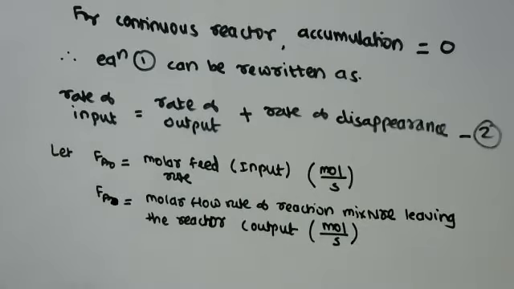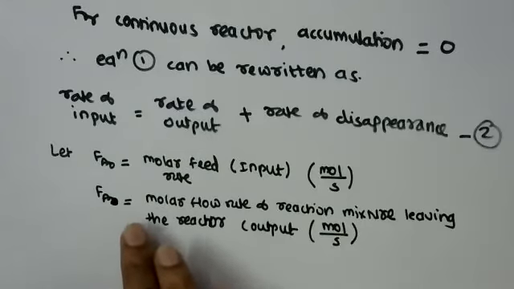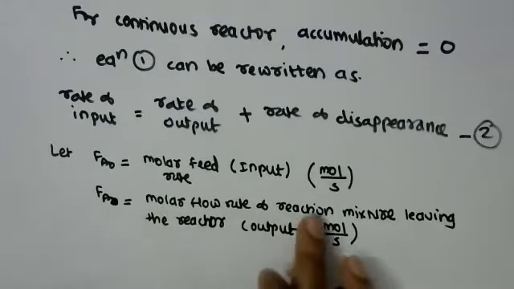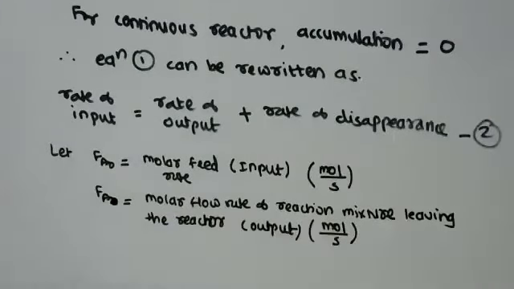There may be some unreacted reactants present, and therefore, just to avoid that confusion, I have written it as molar flow rate of reaction mixture leaving the reactor, which corresponds to output, and the unit is mole per second.